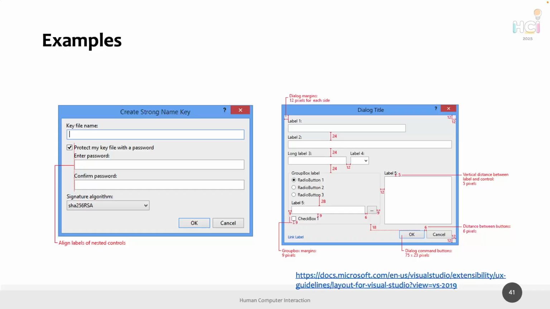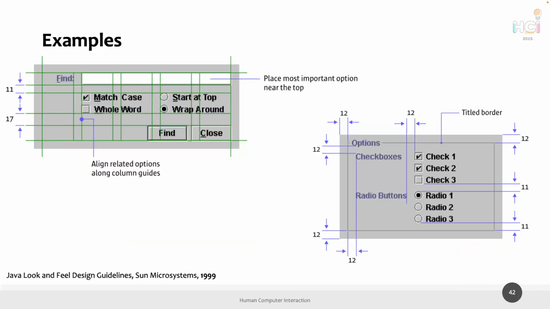So if you are going to develop a plugin for Visual Studio, you should really try to align your different elements in this way, pixel by pixel. And these guidelines do exist since decades. So these, for example, are guidelines to design Java applications in 1999. So again, it's very precise, pixel level.